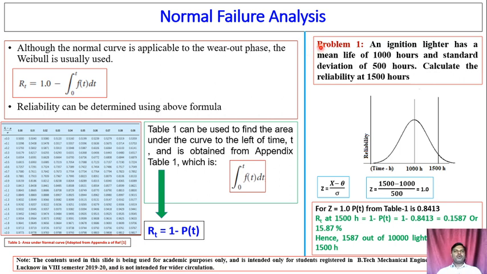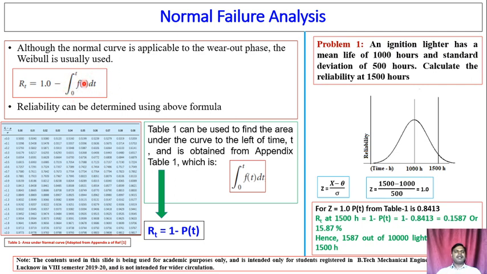Then we'll do a normal distribution analysis. We have to find the rate of failure by assuming that the failure is normally distributed. For normal failure analysis, we calculate the reliability of the product using this expression: 1 minus the integral from 0 to t of f(t) dt, where this parameter shows the area under the curve, the normal distribution curve.